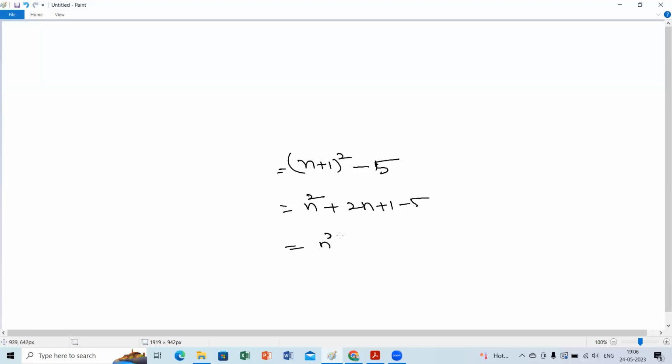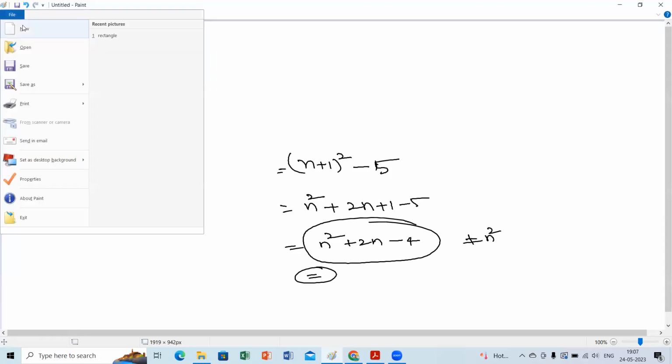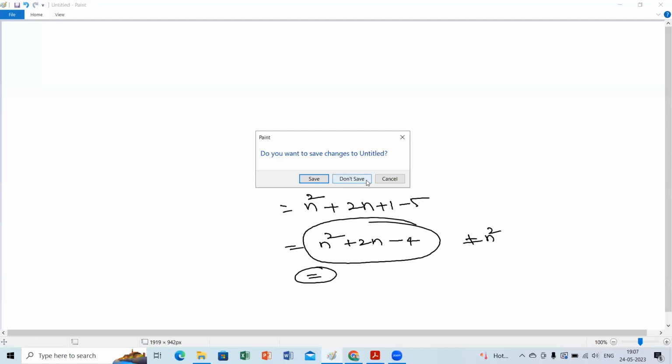This is nothing but n square plus 2n minus 4. So we cannot write it as n square. It is not equal to n square, right, Harikarthi? Yes, hope it is clear.